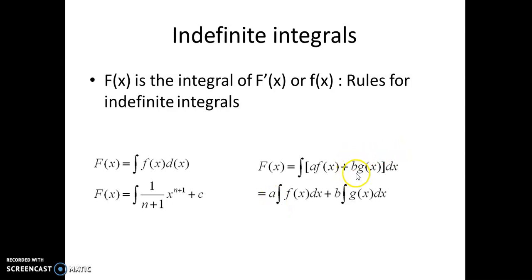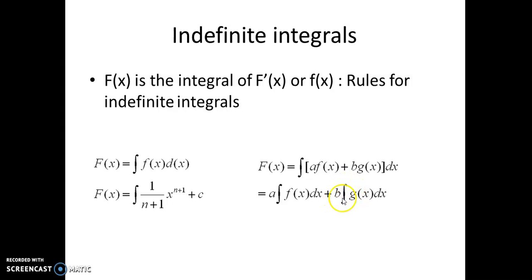Now let's look at this part. So again, if we want to get the integral of a constant b times a function g of x, it is obtained by integrating the function g of x and then multiplying by the constant b.